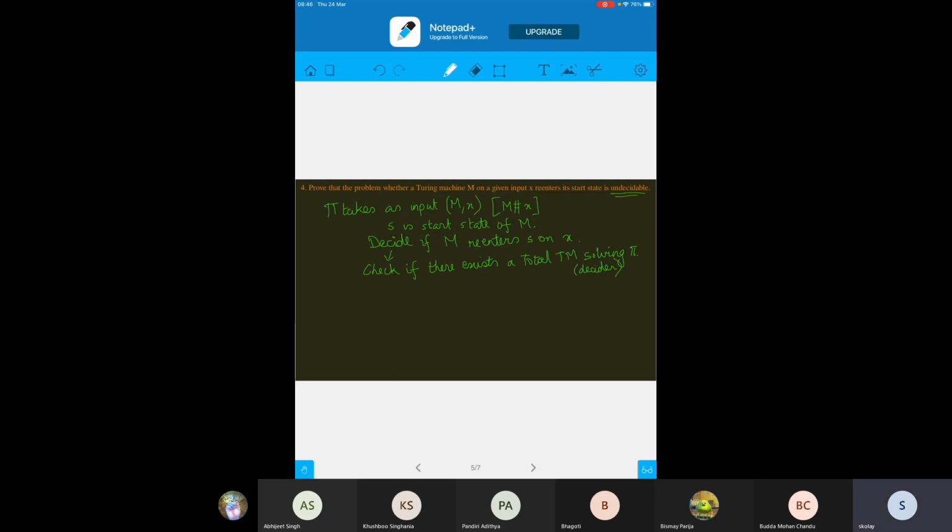And you have to prove that this is undecidable. So what can you do? Let's try a reduction. What will you reduce from? Can you give an example of an undecidable problem?